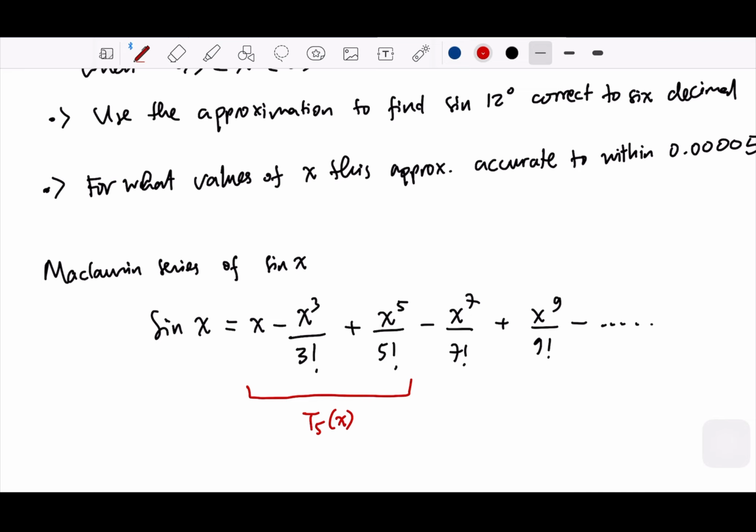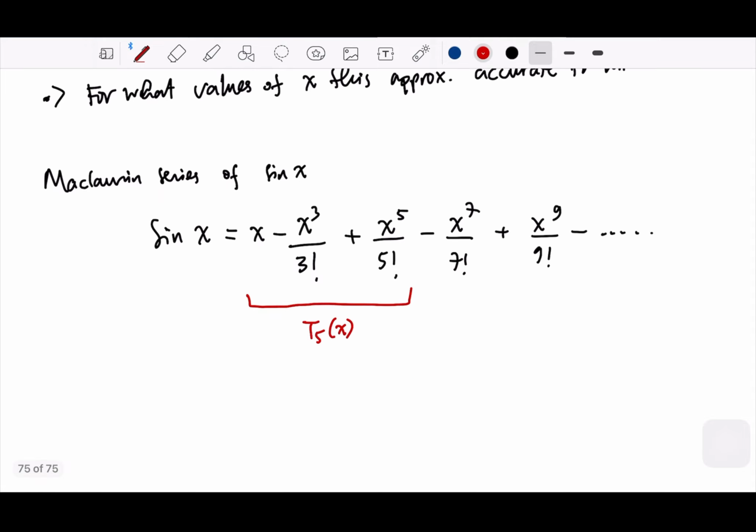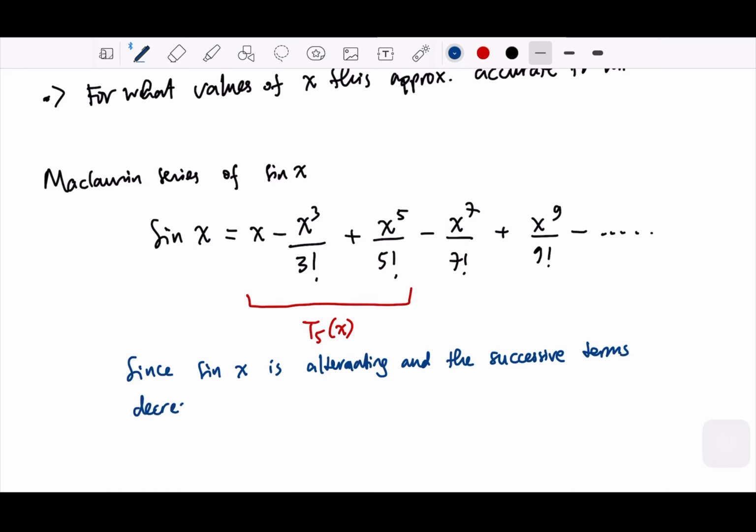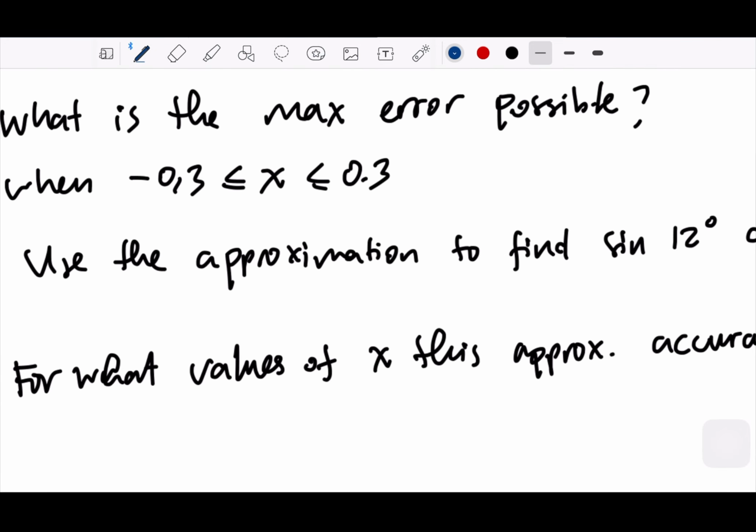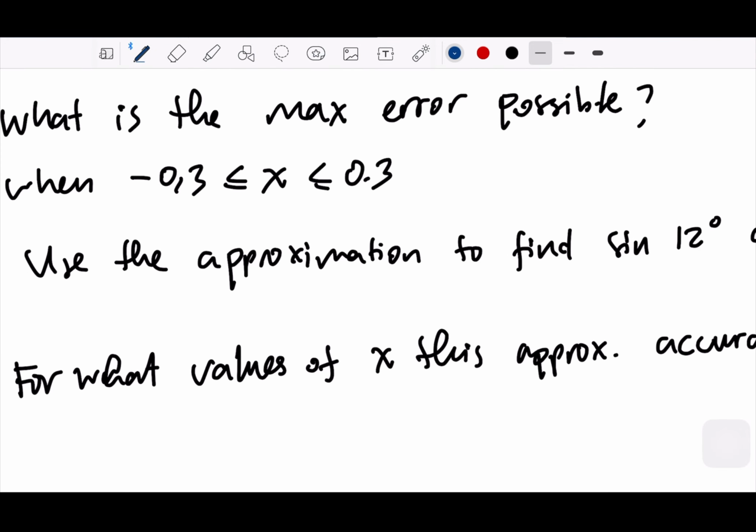So since sine x is alternating, and the successive terms decrease, also because the size of x is less than 1, because we are actually evaluating from negative 0.3 to 0.3, which means that x should be less than 1.